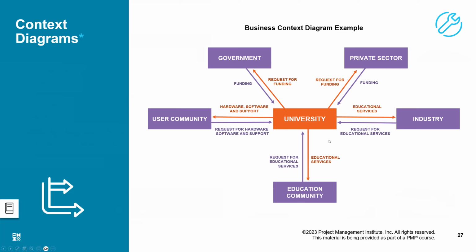It cannot be drawn in more detail because more detail will destroy the whole purpose, the whole concept of context diagram. So in the center is your project, and around it are the major stakeholder groups. And how do we relate with all of them? This is called the business context diagram.